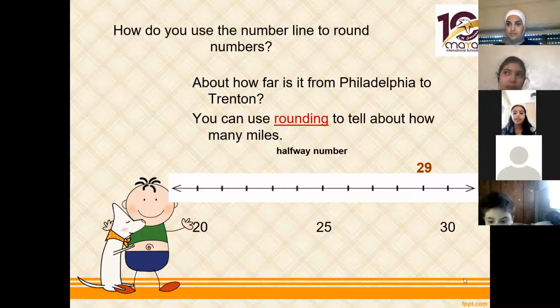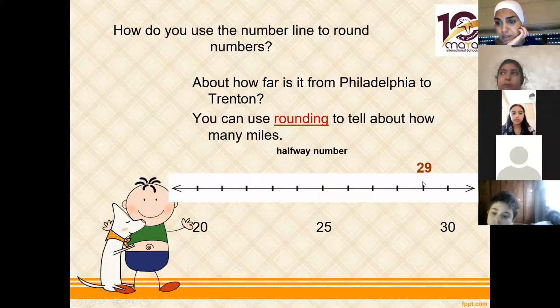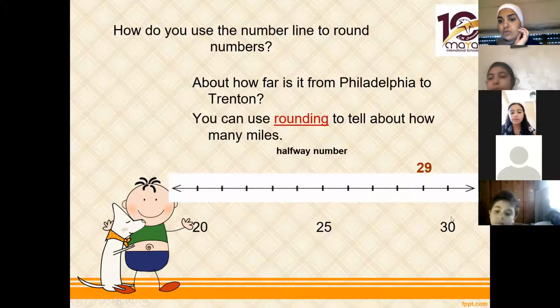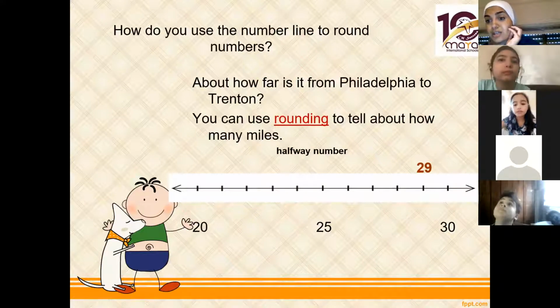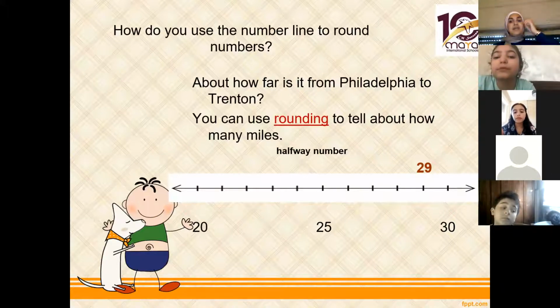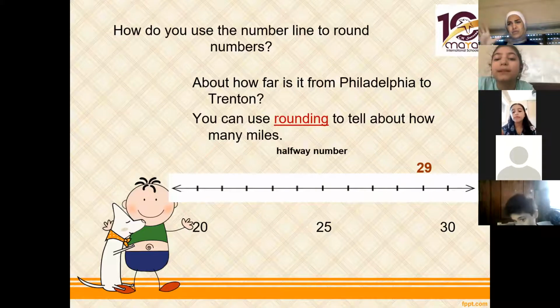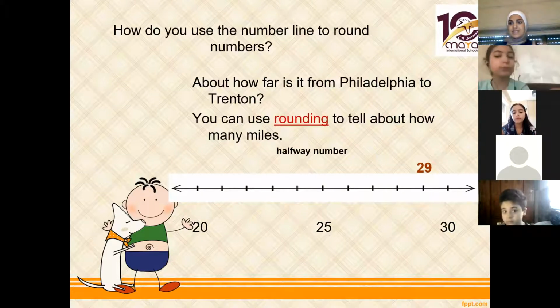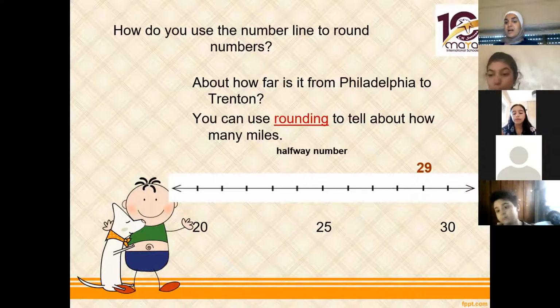Yes, teacher. Can you see 29 on the number line? Is it closer to 30 or 20? To 30. Thank you very much. So instead of saying it's 29 miles away, you can say it's about 30 miles.